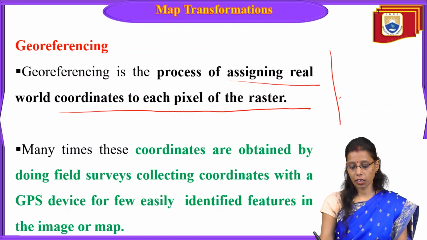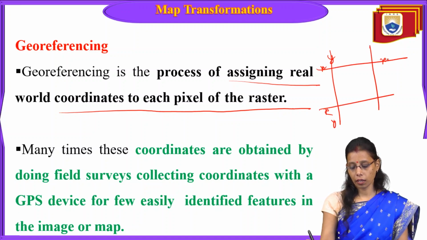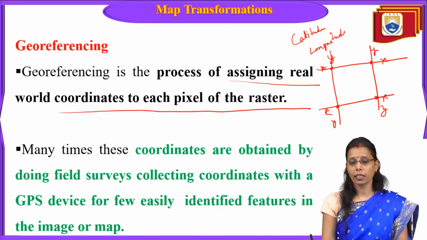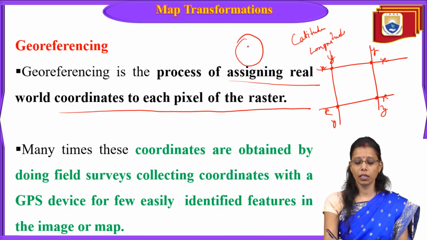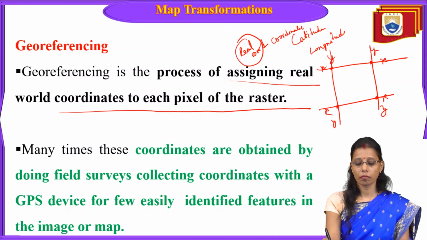So in the previous slide you have seen we assigned the x, y values, xy, xy, xy. Here you have 4 points. Once you provide these points and assign the latitude and longitude values and run the process, what happens? The real world coordinates are assigned directly to the map.